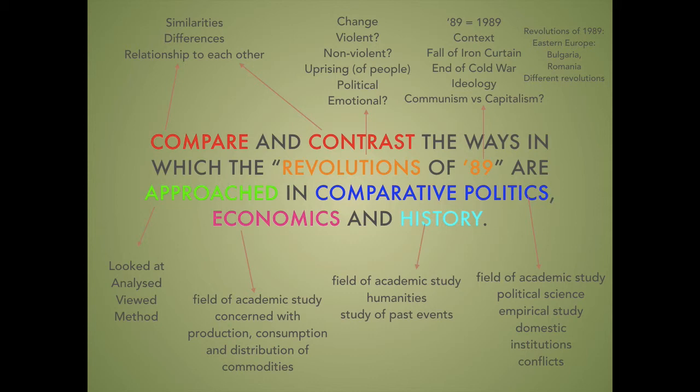Now, if you're a historian, could comparative politics and economics aid in your study of the revolutions of 1989? How, if you wanted to go deeper, could you compare the way that these different fields of studies looked at the revolutions in relation to other revolutions, potentially before or post 1989?